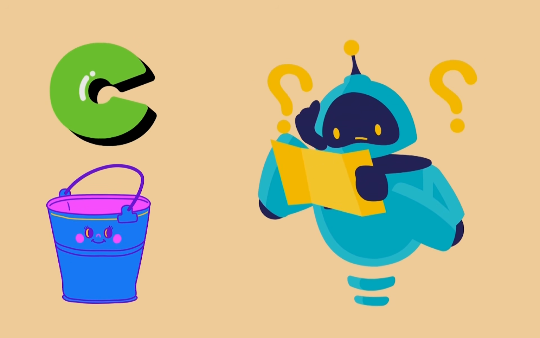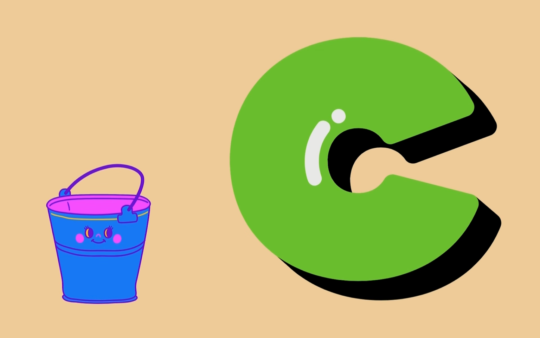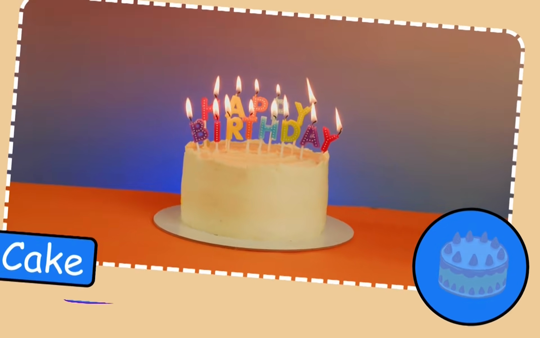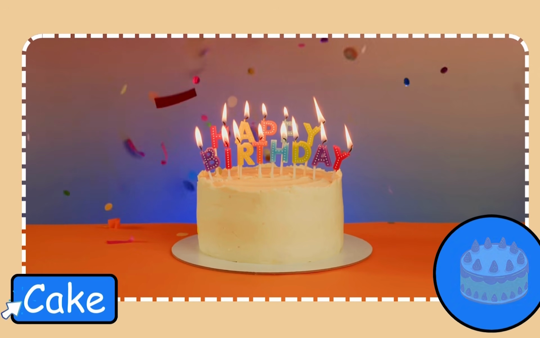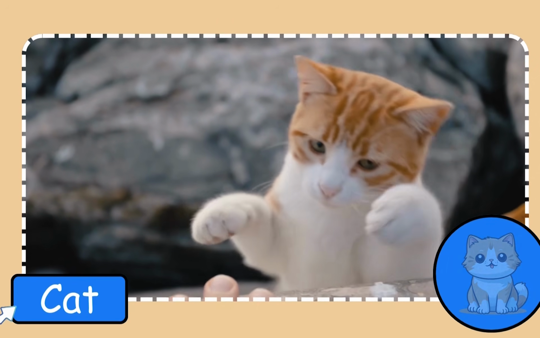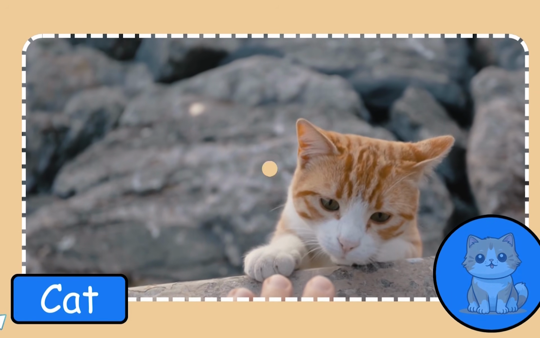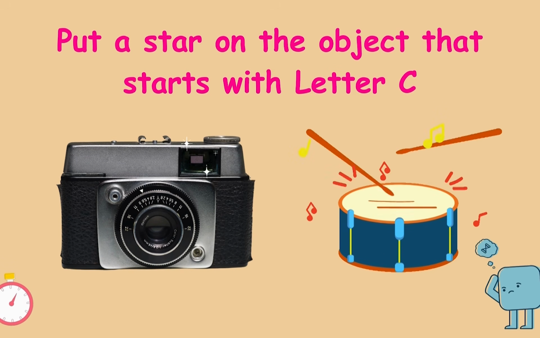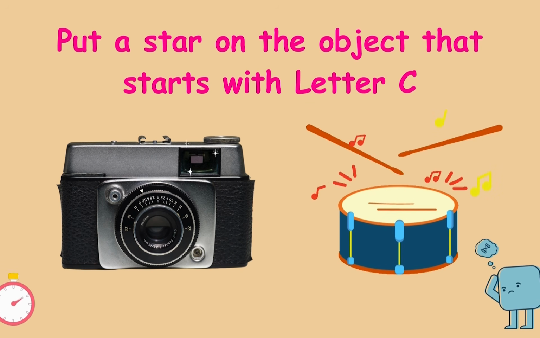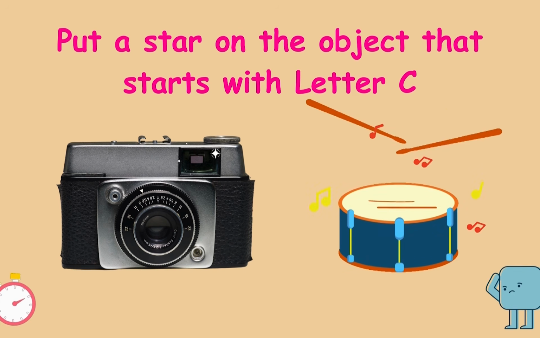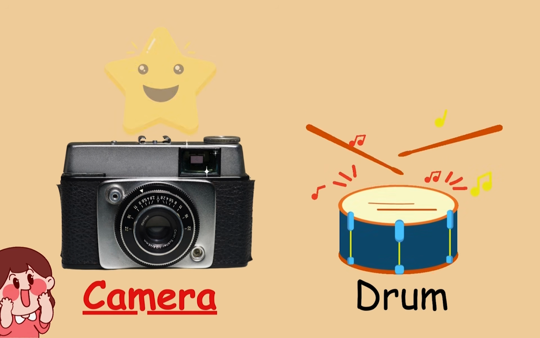What letter is that? Well, that is letter C. Cake starts with letter C. Cat also starts with letter C. Now, put a star on the object that starts with letter C. Camera is the correct answer.